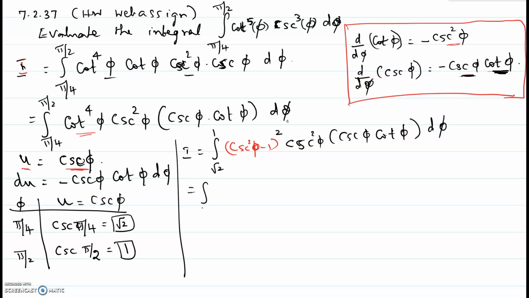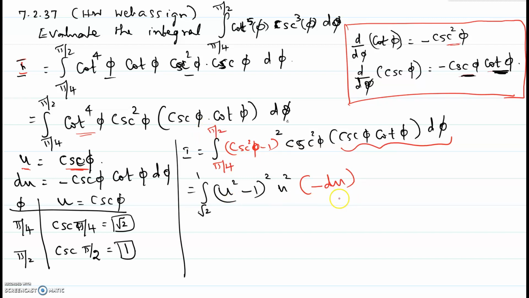That is the integral from root 2 through 1 of u square minus 1, the whole square, times u square. This whole thing becomes negative du. So when you change to the variable u, you want to change the limits also to represent the limits of u.